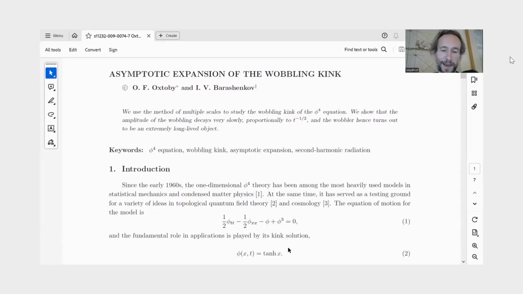And that has a solution which is a soliton called a kink, which is described by equation 2 here, which is the hyperbolic tangent function. And then this paper by Oxtoby and Barashenkov is about looking at essentially wobbles or oscillations around this kink.